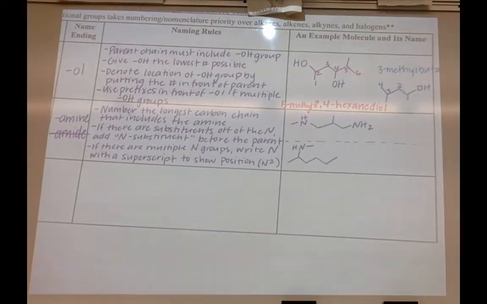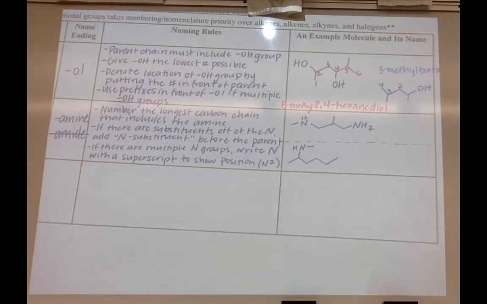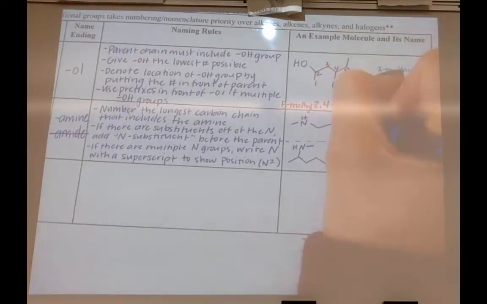We want to number the longest chain so we can prioritize the nitrogen. We want to give the carbon connected to the nitrogen as low a number as possible. It doesn't actually matter which way we go. We could go 1, 2, 3, or 1, 2, 3.